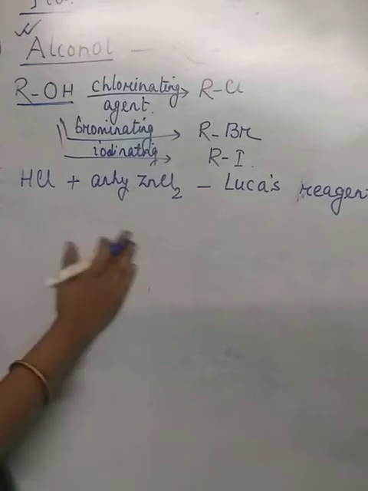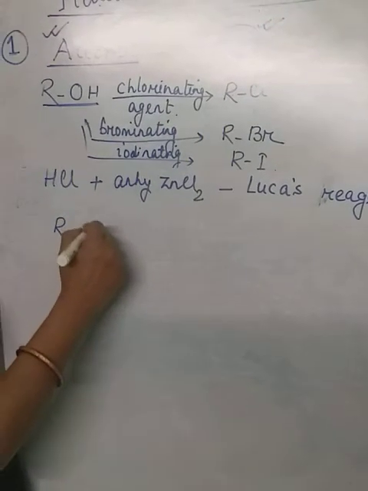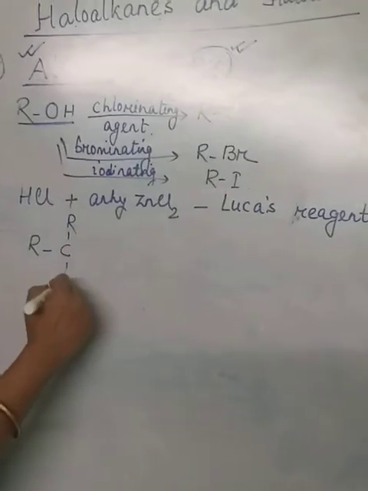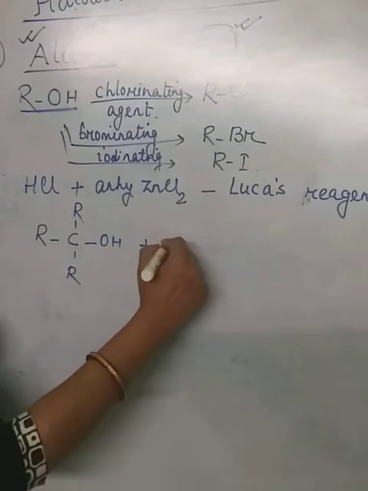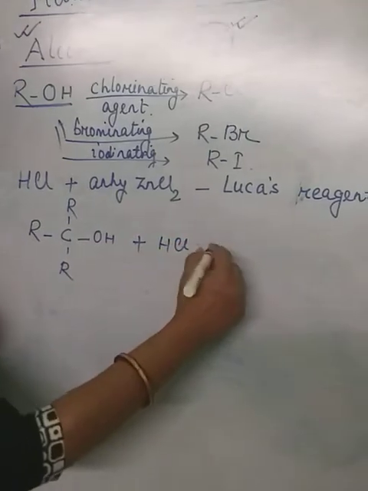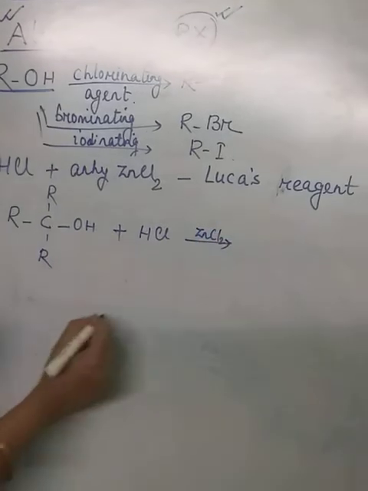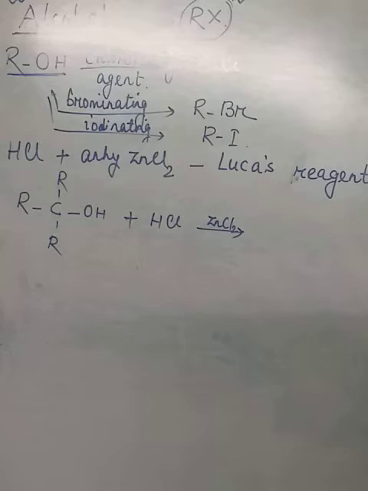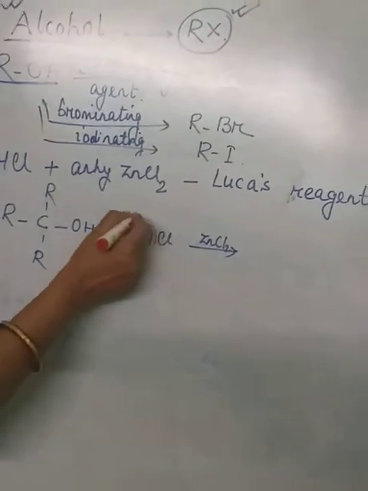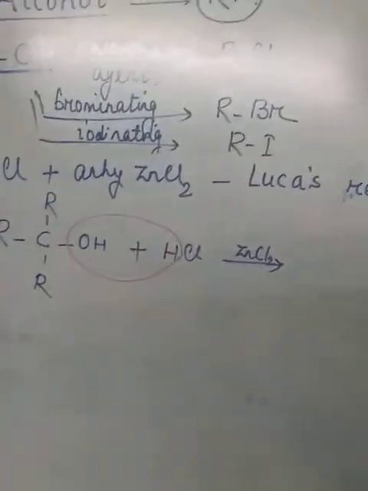See how it is happening. I have taken a tertiary alcohol and this HCl in presence of anhydrous zinc chloride, what it will do, it will take up this H and OH. So automatically Cl comes over here.